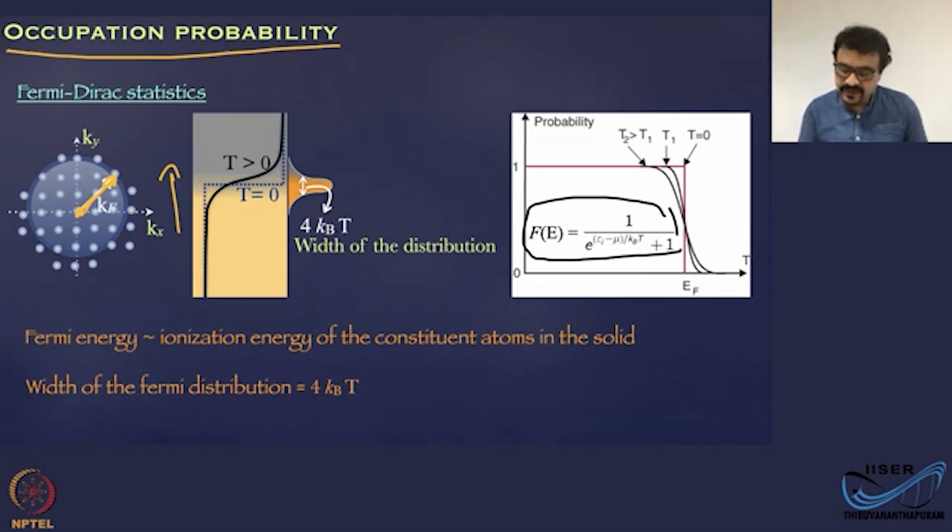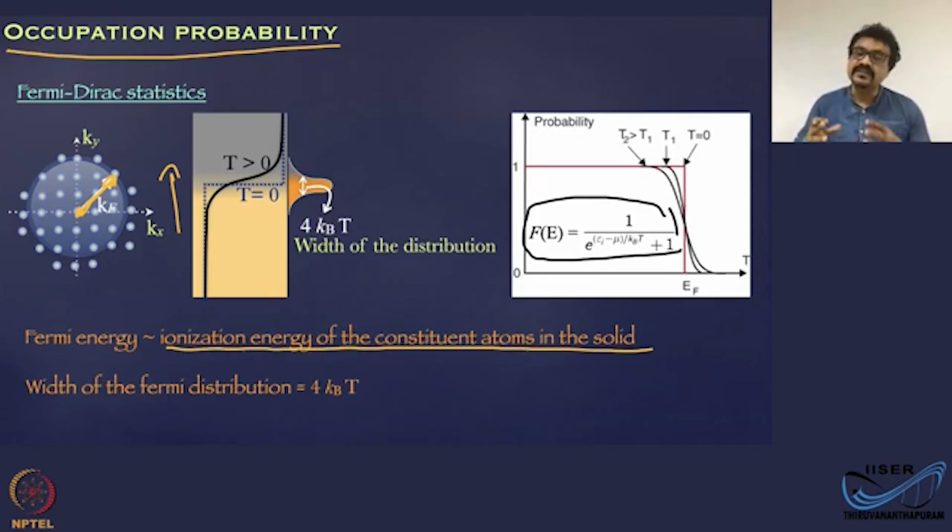And this Fermi energy, if you look at its magnitude, is approximately equal to the ionization energy of the solid, because these electrons are free from their parent atom in the solid because they are ionized. You can think that the freely moving electrons, those on the surface of the Fermi sphere, are the electrons which got free from the parent atom in the constituent solid.